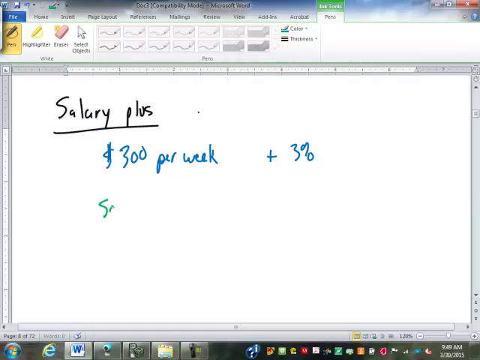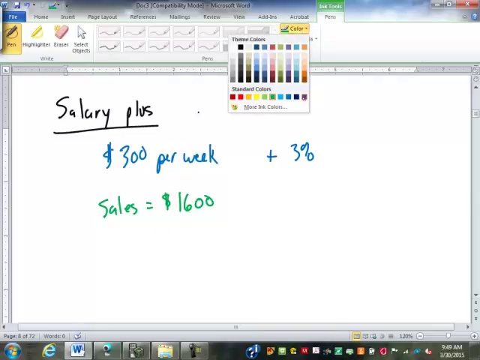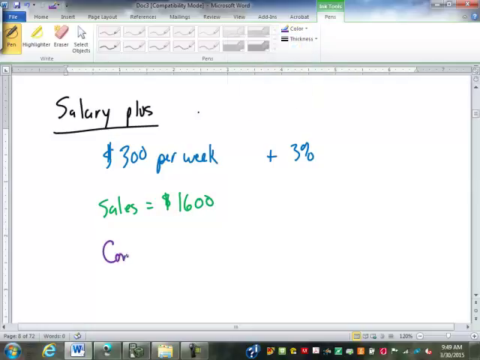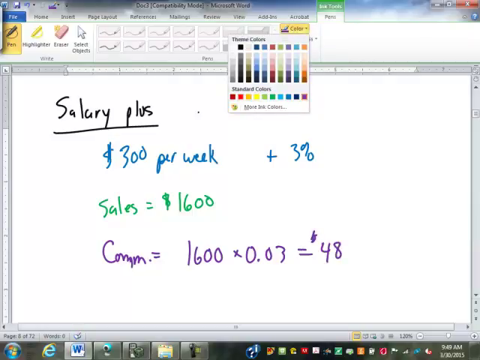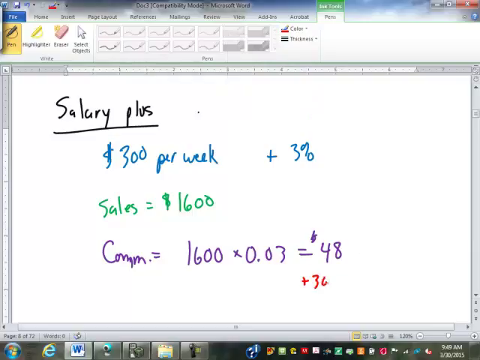So let's say you have a week where you have sales of $1,600. Your commission is going to be 1,600 times 0.03, otherwise known as $48. And of course, on top of that $48, you're going to get the $300 salary, so your pay for the week is $348.